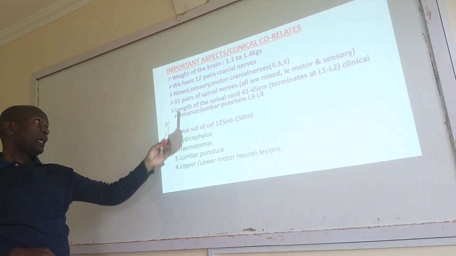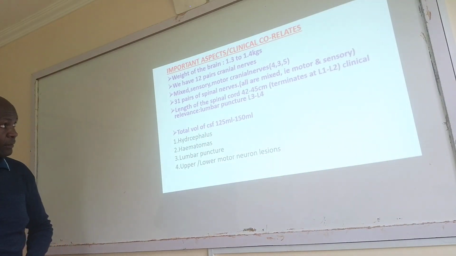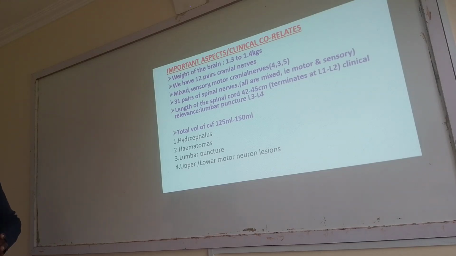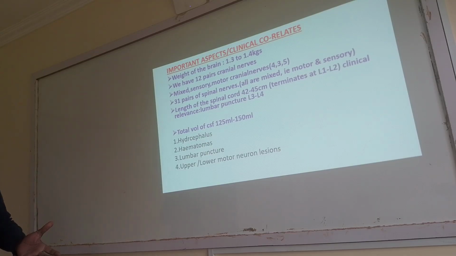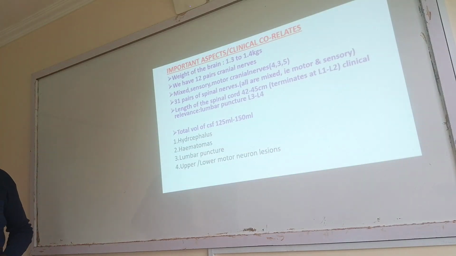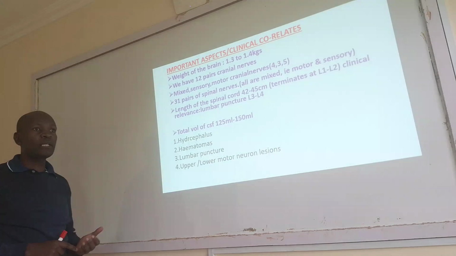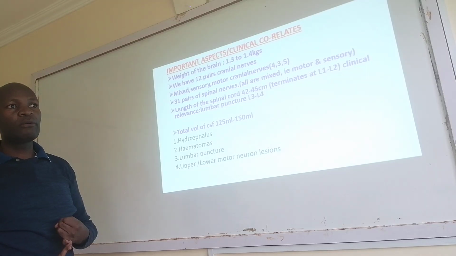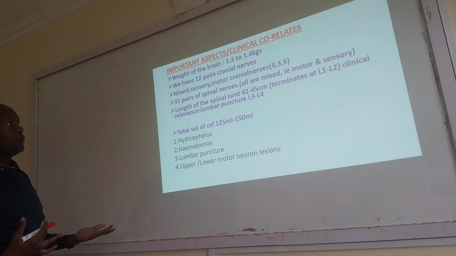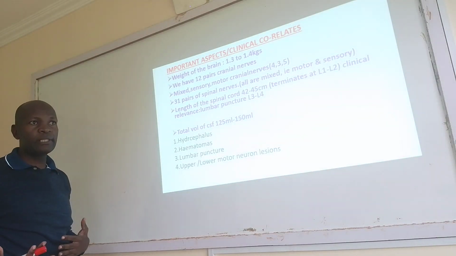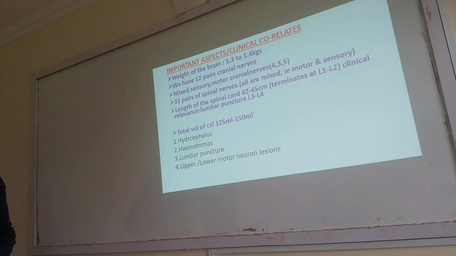In the human body, we have 12 pairs of cranial nerves. Of these 12 pairs, 4 are mixed, 3 are sensory, while 5 are pure motor nerves. When we talk of mixed, we mean a nerve that consists of a sensory component and a motor component. So how do you tell which one is mixed, which one is motor, and which one is pure sensory?